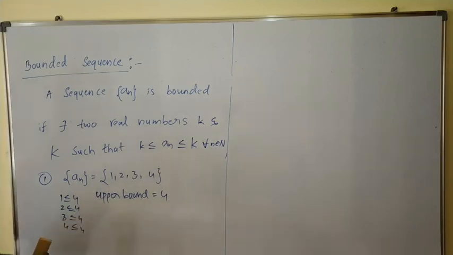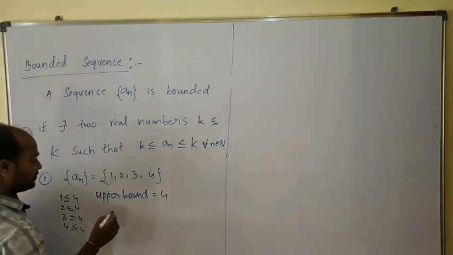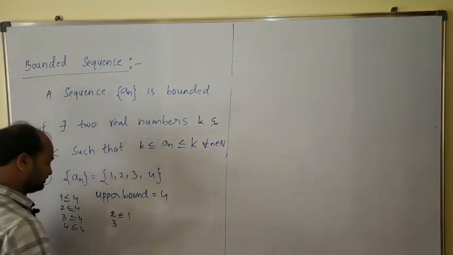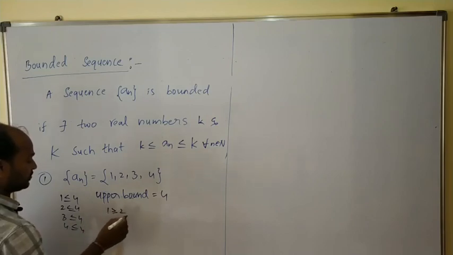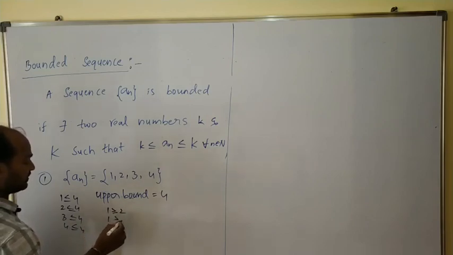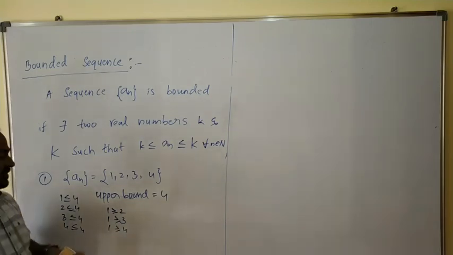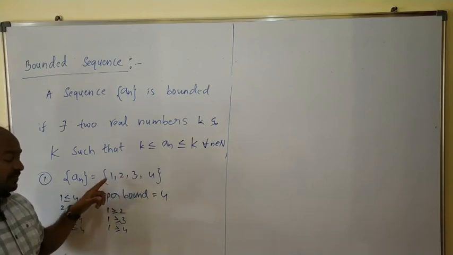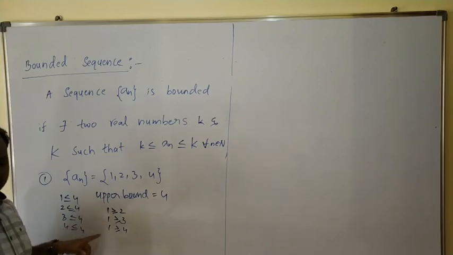Okay. Similarly, the lower bound of this sequence. Here, 2 is greater than or equal to 1, 3 is greater than or equal to 1, 4 is greater than or equal to 1. That means every term in the sequence except 1 must be greater than or equal to 1.